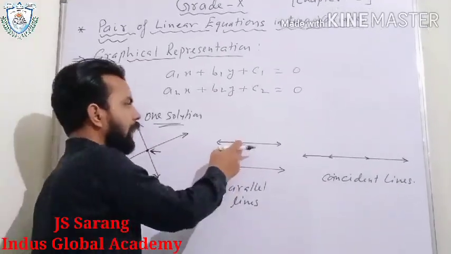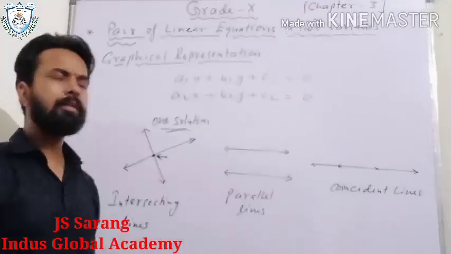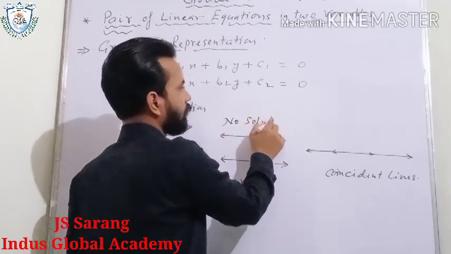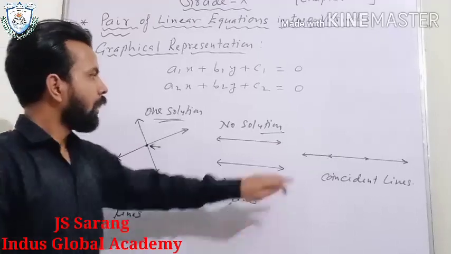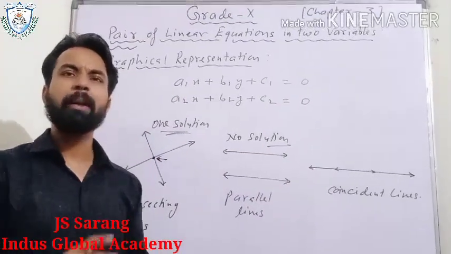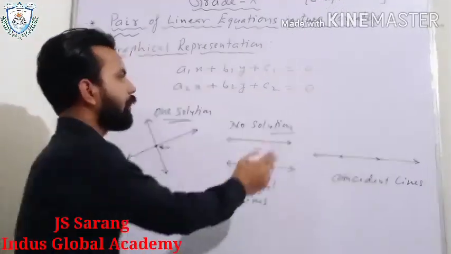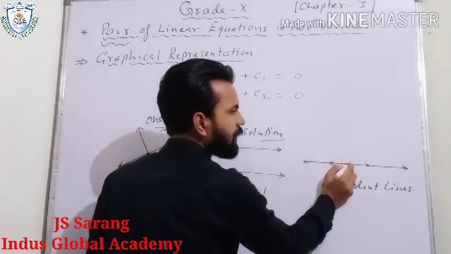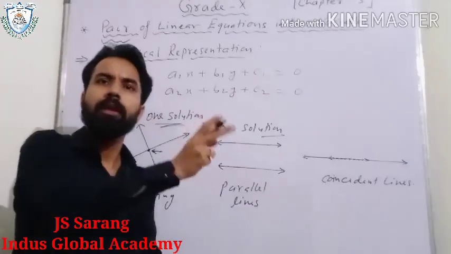Here the lines will never intersect each other. If they will never intersect each other, that means there is no solution. Here, coincident lines. I told you the number of solutions depends on the intersecting points. So here, there are infinitely many intersecting points because both lines lie on each other.